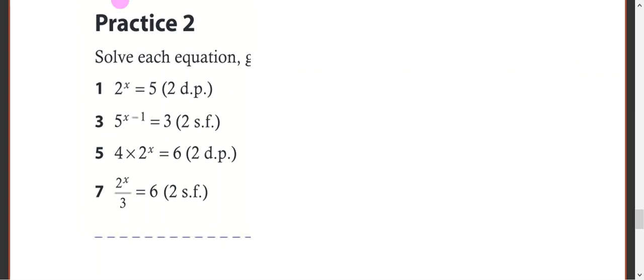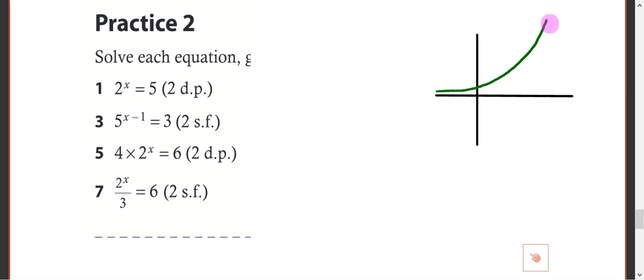So, for instance, if I wanted to solve 2 to the power of x equals 5, you'd be graphing y equals 2 to the power of x, and then graphing, rough sketch, y equals 5, and finding the solution there, wouldn't you?